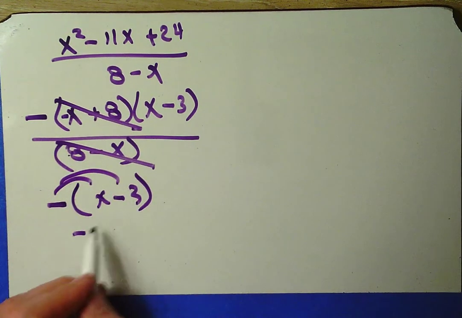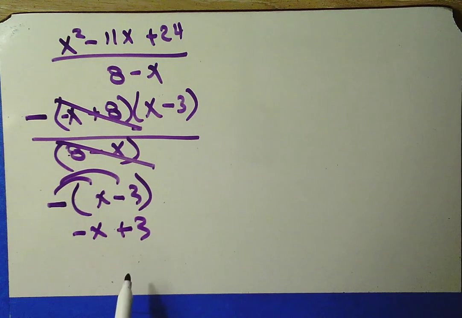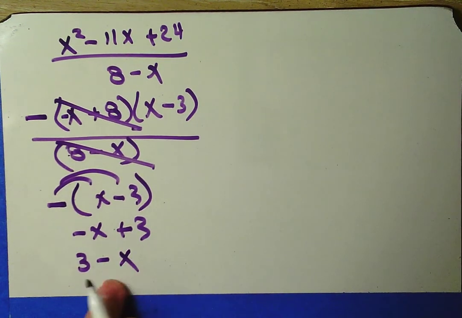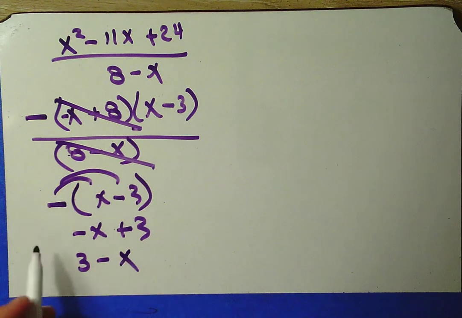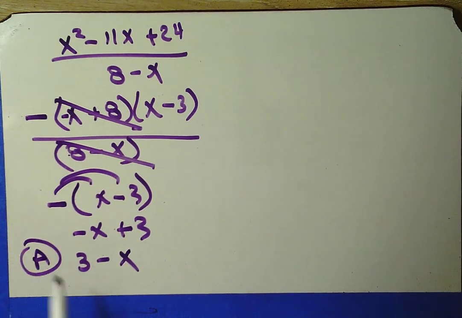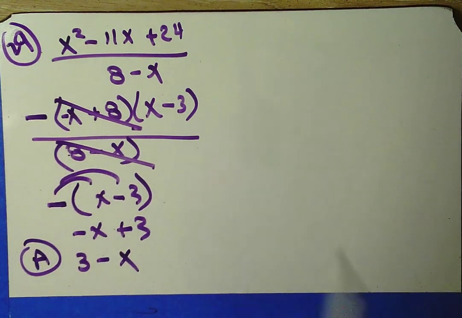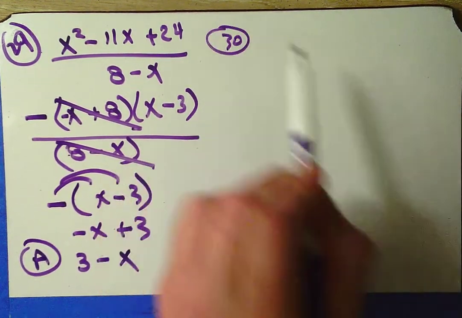And if I distribute that negative, I end up with negative x plus 3, or using the commutative property of addition, 3 minus x. And that corresponds with choice A. A for number 29. All right, let's take a look at 30.